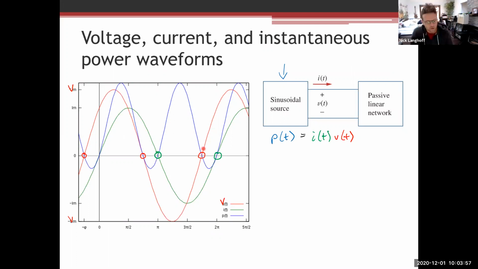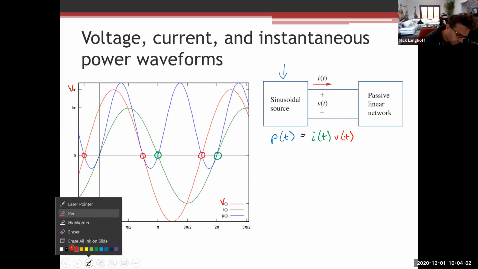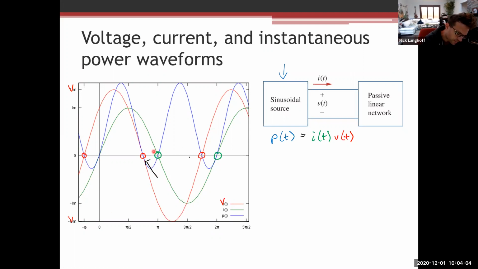So what we'll point out here is that the instantaneous power is 0 when either I or V are 0. That's one thing to just keep in mind there.